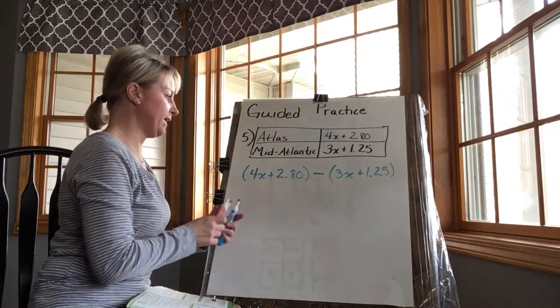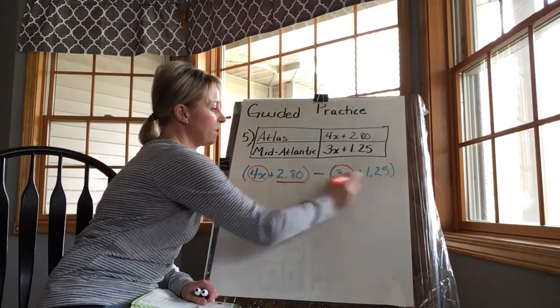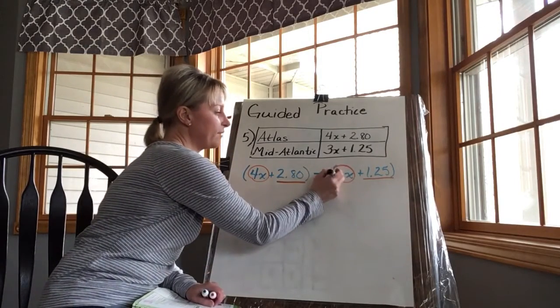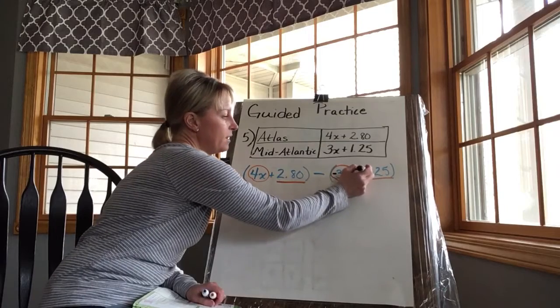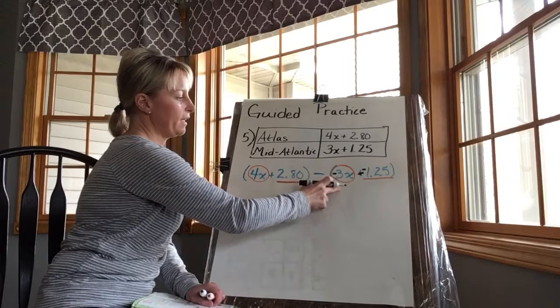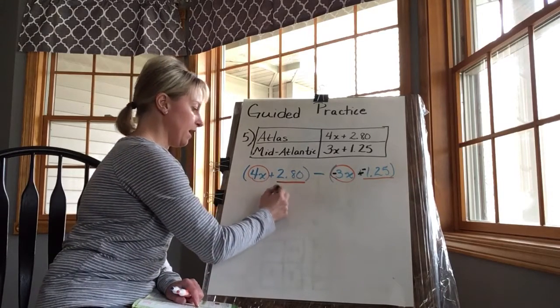You're going to combine like terms. Circle what's alike, underline the other two that are alike. Distribute your negative. That becomes a negative. This also becomes a negative. So then I have 4x and a negative 3x, which just becomes x.